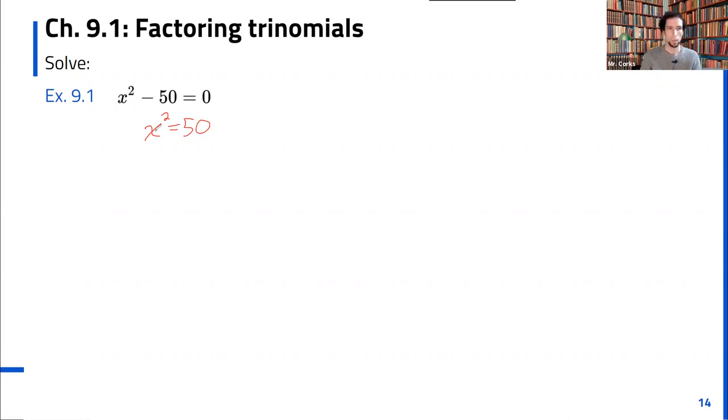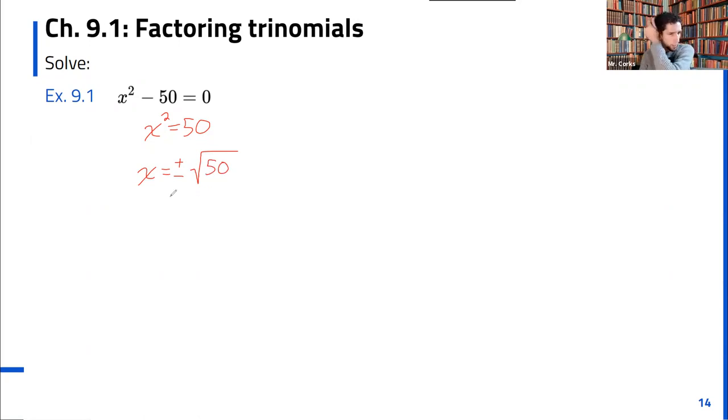Square root of both sides. So x is equal to what? You can still have the square root, but just tell me what's going to go in front. Positive or negative. Okay, so plus minus square root of 50.